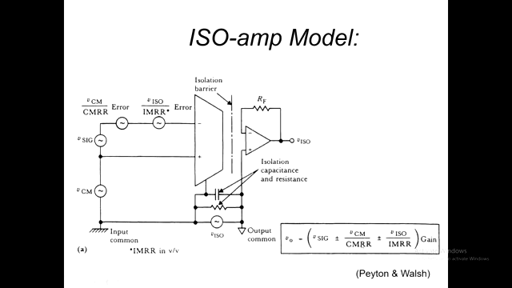And once again, this is differential gain here. So the common mode rejection ratio differential gain part will cancel out with this one here, and we're left with common mode signal divided by common mode gain for output.